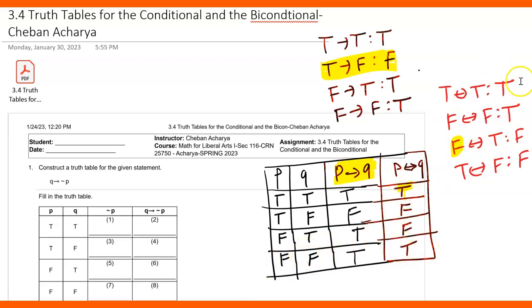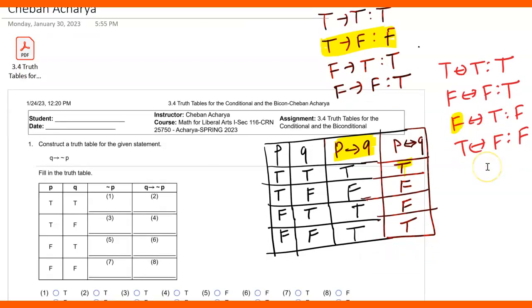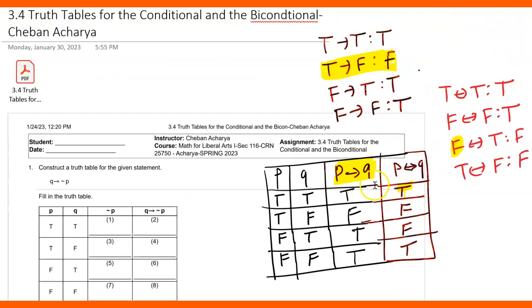In other words, the biconditional statement is going to be true if both statements have the same truth value. See, true-true and false-false are true, because they have the same truth value. Other than that, the biconditional is always false if they have different truth values. This is the standard table.